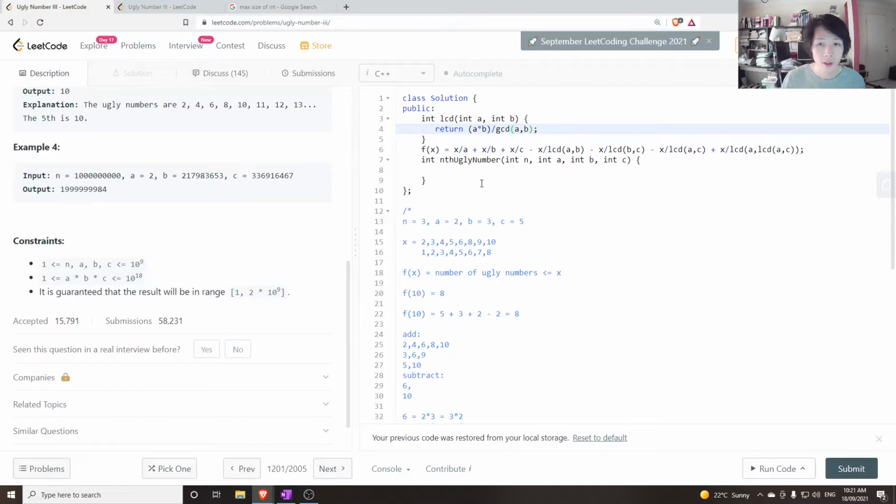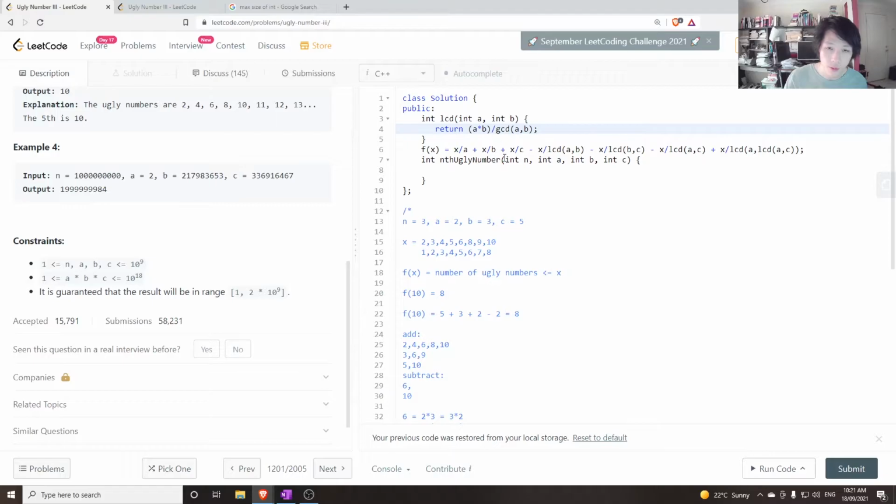The greatest common divisor of two numbers is the greatest factor that can go into both.